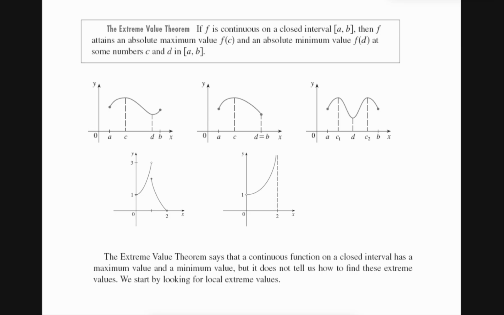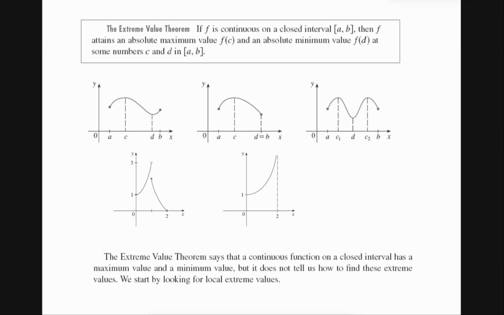It basically says it attains an absolute maximum and an absolute minimum on that interval. So again, if we have a function that is continuous on a closed interval from a to b, there has to be an absolute max and an absolute min somewhere within that interval.